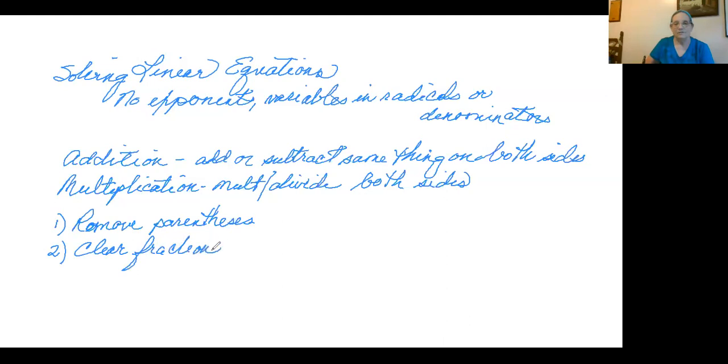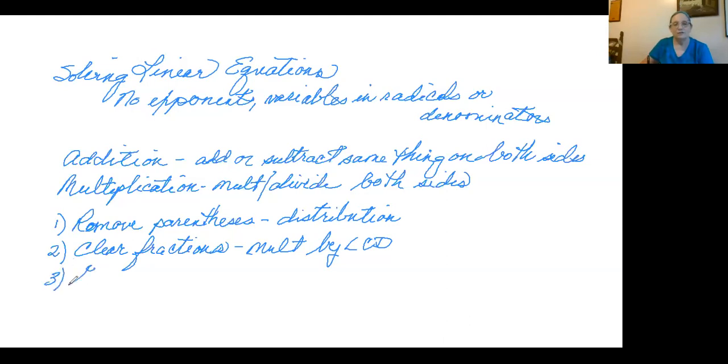Now, since we don't have any exponents, parentheses are generally going to involve distribution. Clearing fractions, you want to multiply by the common denominator. These 2 steps will change the problem to just a bunch of terms on one side or the other.